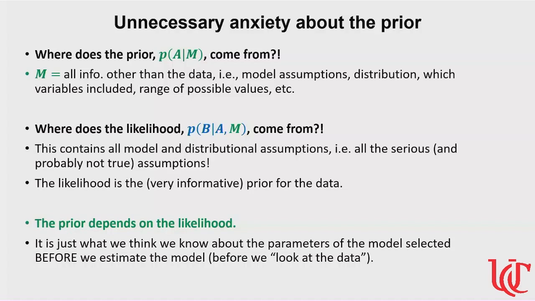All the real assumptions and information are in the likelihood. The likelihood is a very informative prior for the data. We pick a model, we pick a set of variables, we pick a distribution, and then all we do with the prior is, given all that, given our model, ask what reasonable values for those parameters are. That's all it is. It's nothing that complicated. It's a second-order problem compared to picking the model.